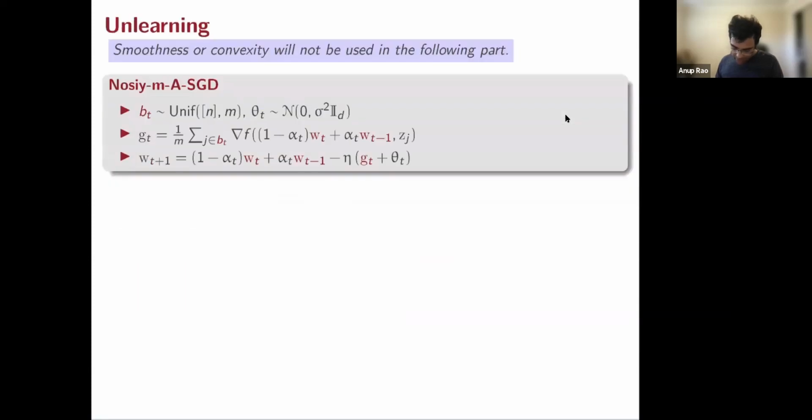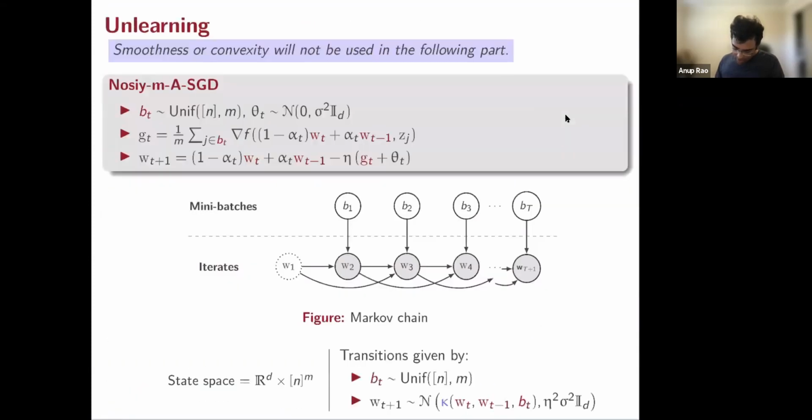Now let's come to the unlearning algorithm. The unlearning algorithm for accelerated stochastic gradient descent tries to construct a coupling between the output on the dataset S and S prime.